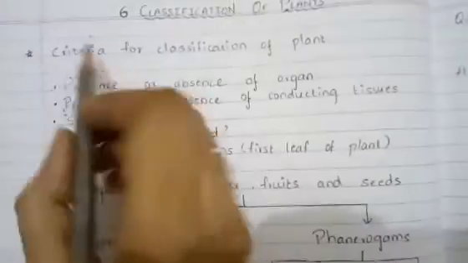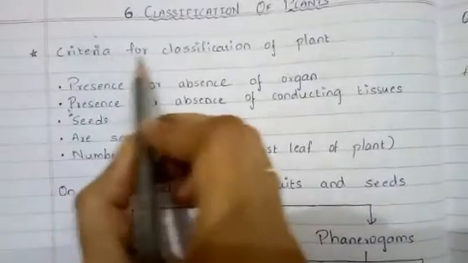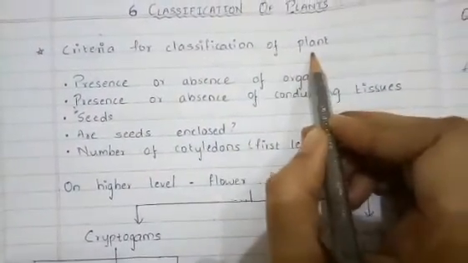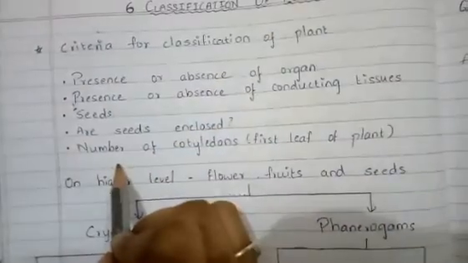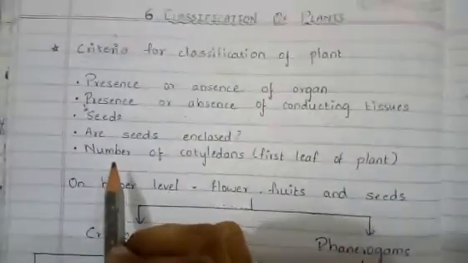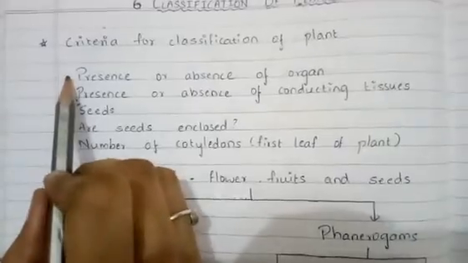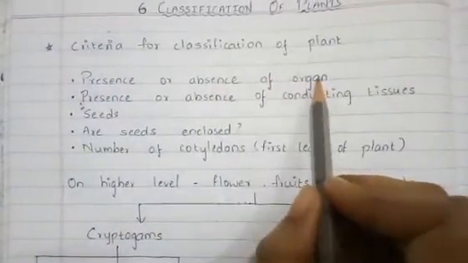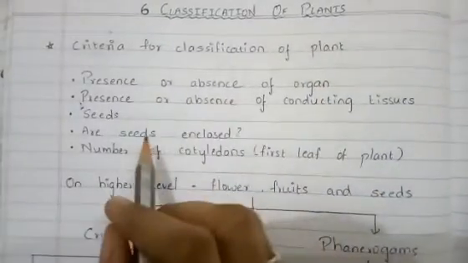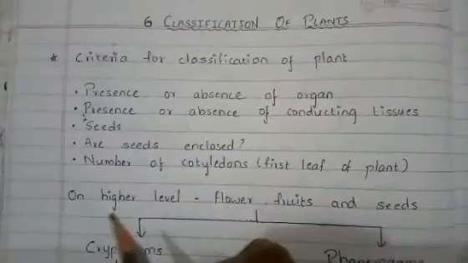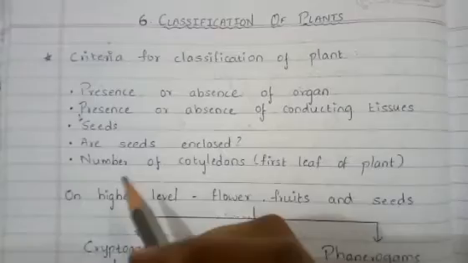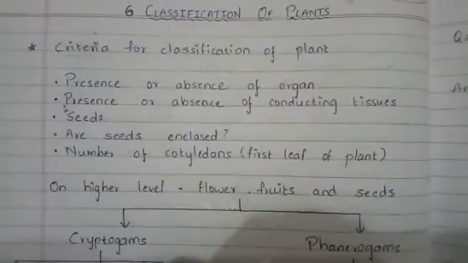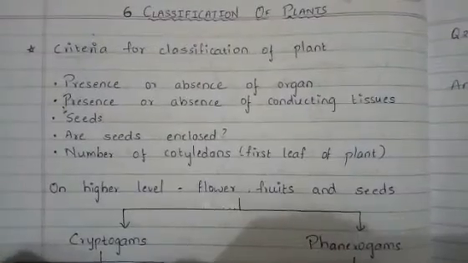As you can see, the criteria for classification of plants. These are some criteria written over here. We'll see them one by one. The very first criterion is presence or absence of organs. As you know, plants have different organs, for example, flowers, seeds, leaves, stem, roots. These are the different organs of plants.